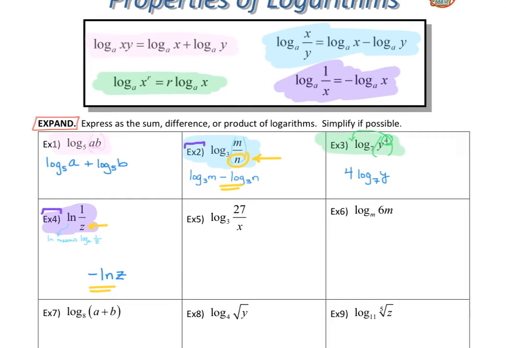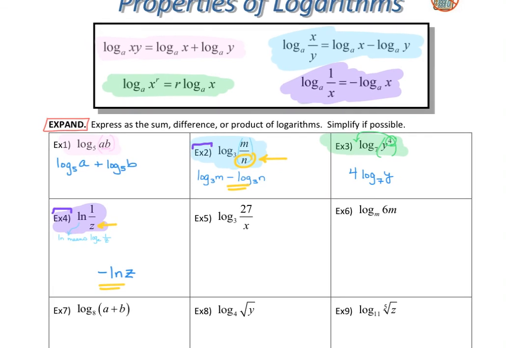So what I want you to do is kind of telescope back out again and compare example 1 to the first property, example 2 to the second property, example 3 to the third property, and example 4 to the fourth property. Maybe pause the video and stop and think about that for a minute.